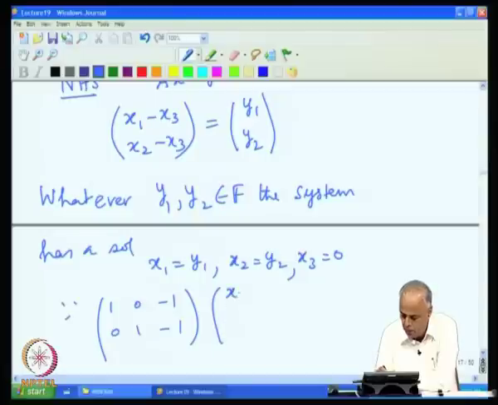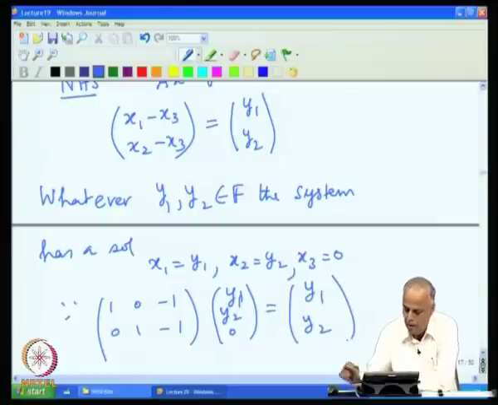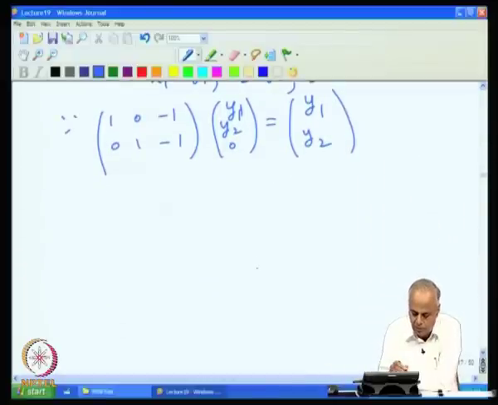because A into (y1, y2, 0), I am sorry, A into (y1, y2, 0) is precisely equal to (y1, y2), and therefore, given any y1, y2, we are able to construct a solution.